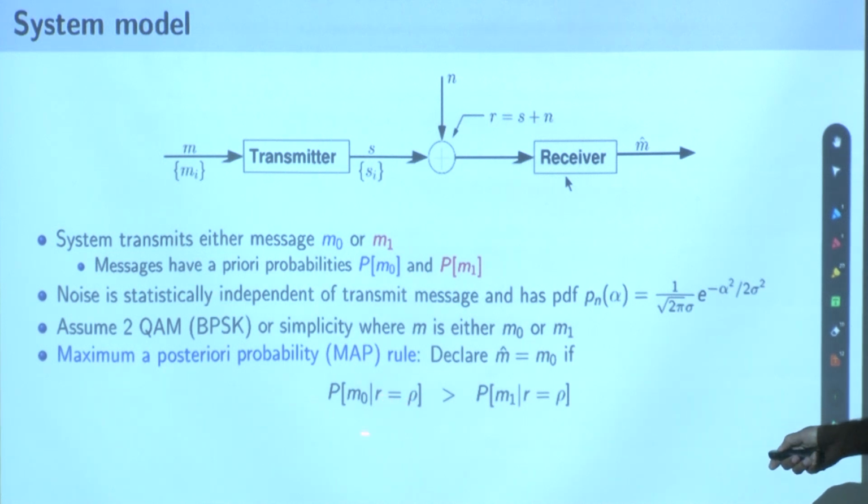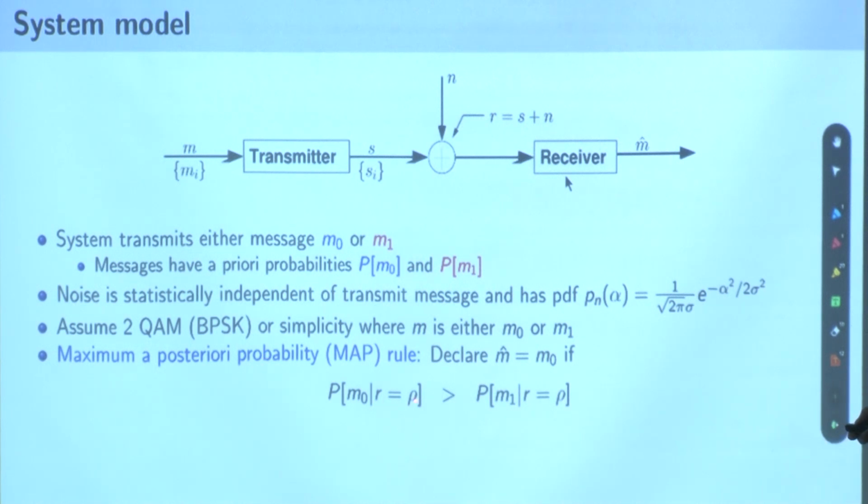What is this? This is the a posteriori probability of M0 being transmitted. Why are we calling this the a posteriori probability? A posteriori is basically the probability after the event has happened. And how are we calculating this probability? The probability of message M0 given this event has happened, right? That's the a posteriori probability.